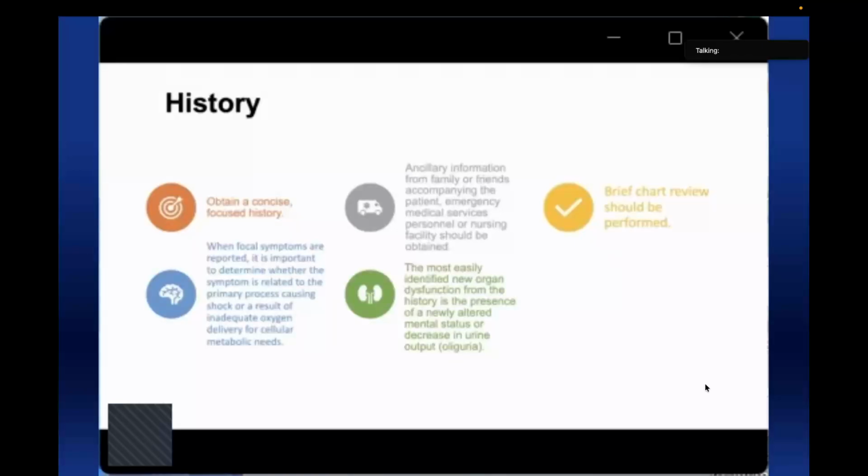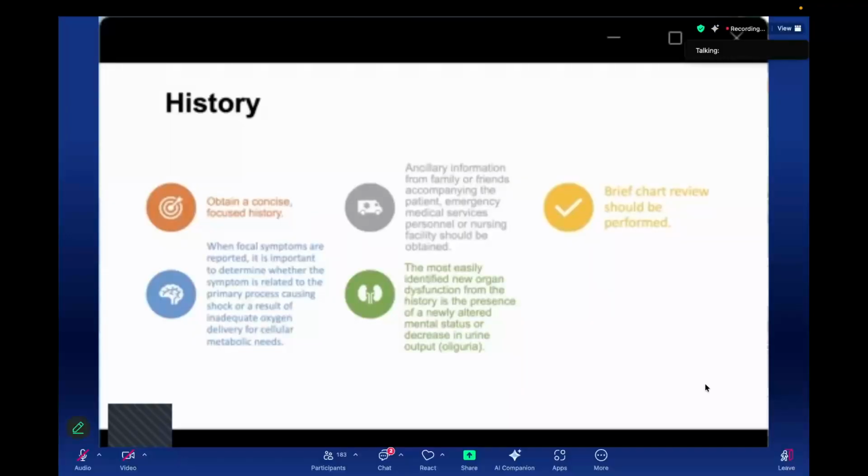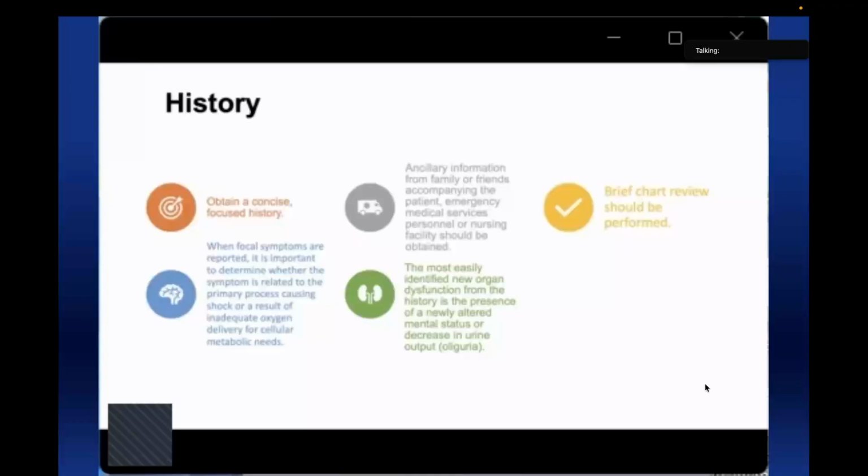The most easily identified new organ dysfunction from the history is the presence of a newly altered mental status or a decrease in urine output. You ask the patient, or the relative in that example, if the patient is still urinating, are they following commands, or are they answering you appropriately?